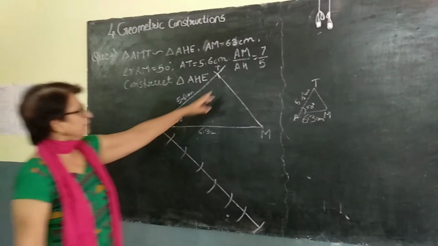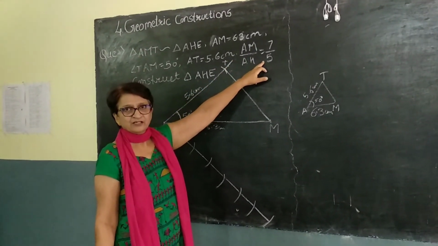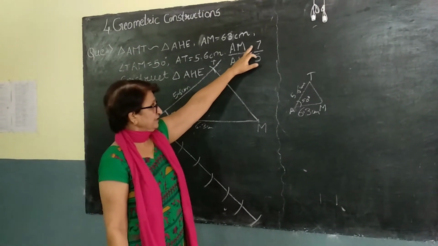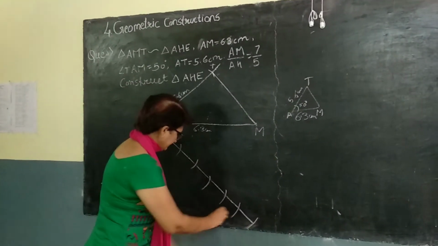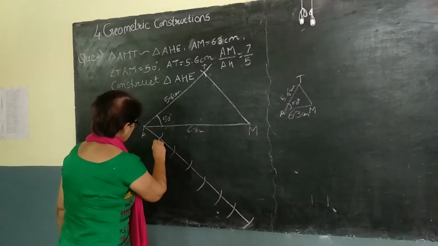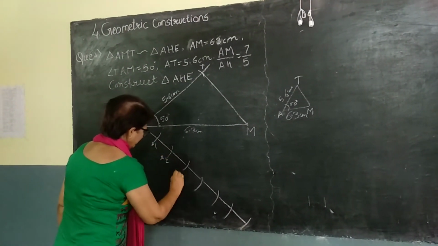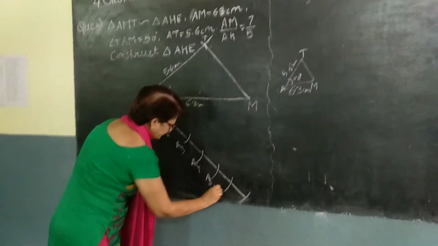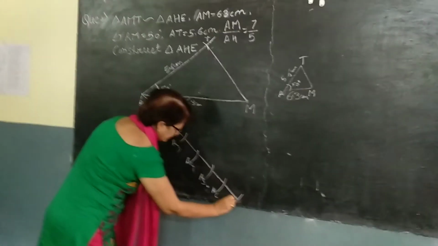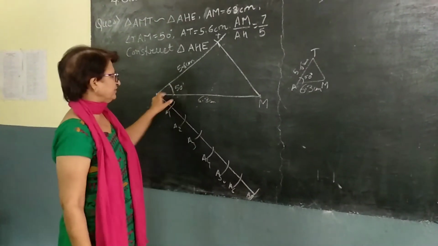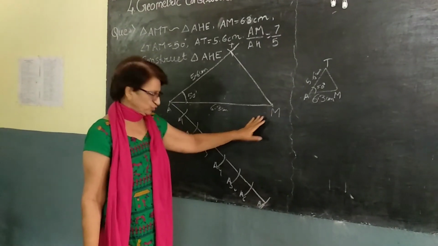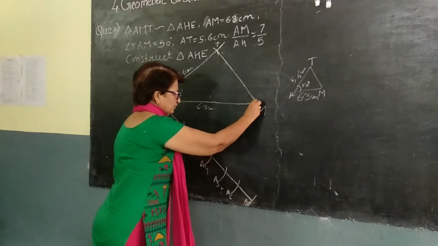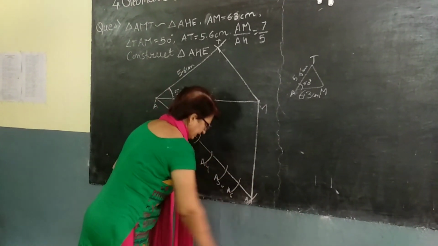Okay? Now AM is 7 parts. Right? So this point 7 and this 7. This is A1, A2, A3, A4, A5, A6, A7. Remember, however much they say AM, that many we have to take. So this is A7, so we join this line.